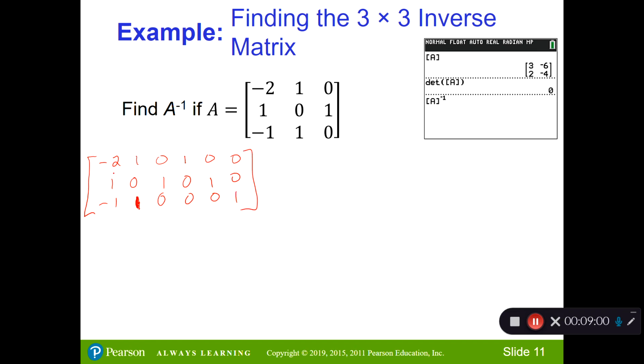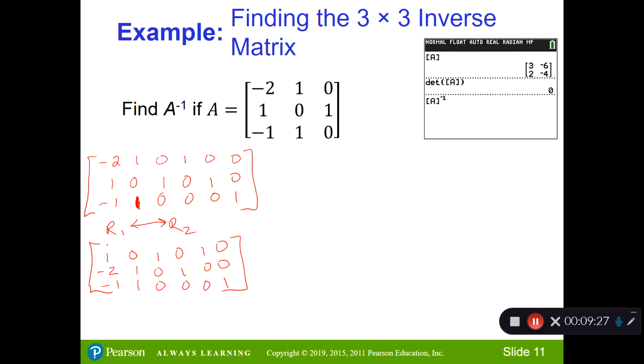Now, to get a positive 1 here, I can just flop these two rows. And I'll have 1, 0, 1, 0, 1, 0. And then I'll have negative 2, 1, 0, 1, 0, 0. And then negative 1, 1, 0, 0, 0.